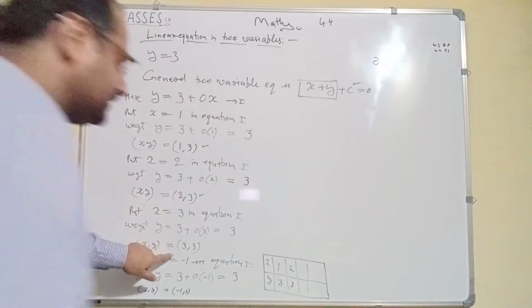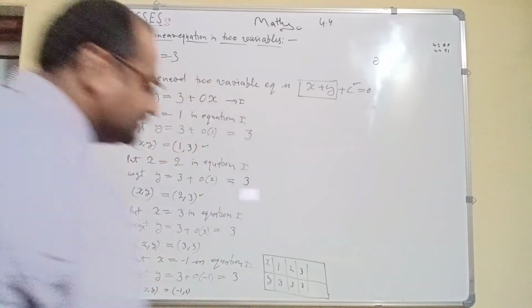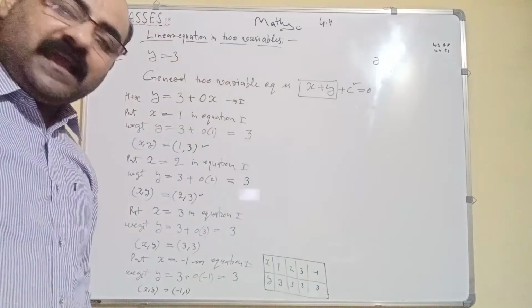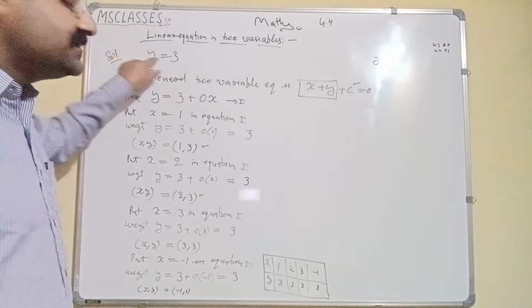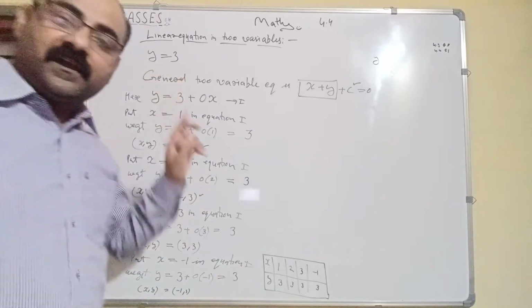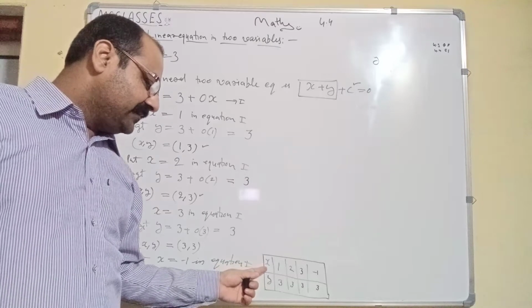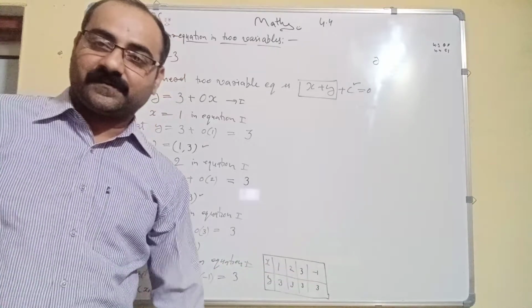Third is 3 comma 3. And fourth is minus 1 comma 3. So guys, you see, every time the value of y is 3 because we have y is equal to 3. This is our real equation. And the values of variable x are 1, 2, 3 and minus 1.